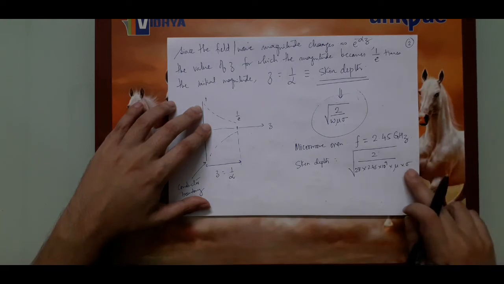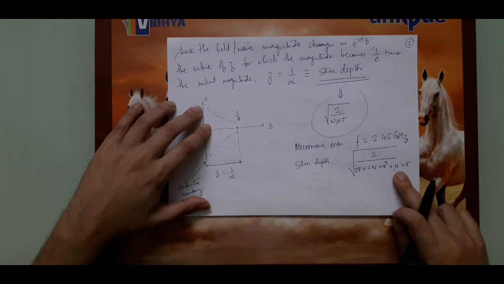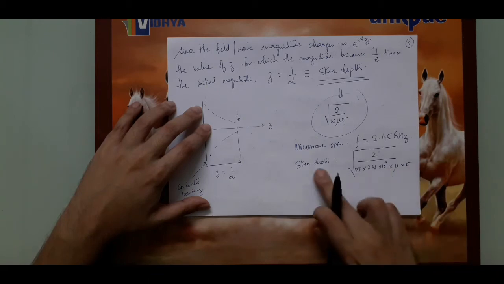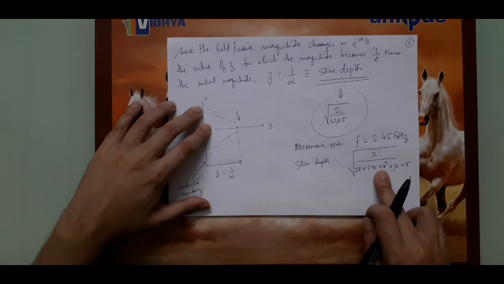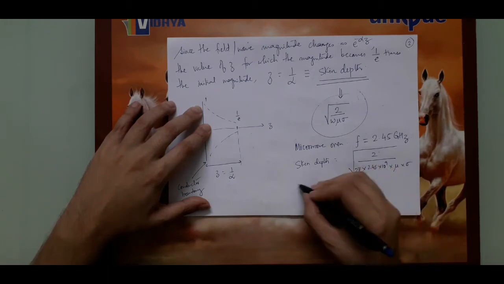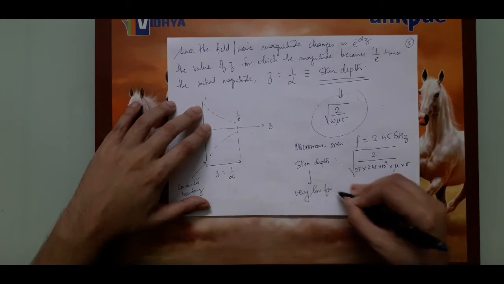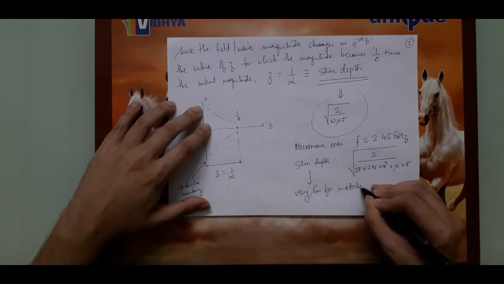Now mu is a small value, sigma may be a large value because of the metal, but these two kind of cancel out the effects of each other. Effectively, the skin depth, because of the very large denominator, will be very low for metals.